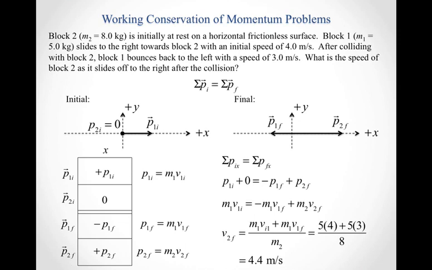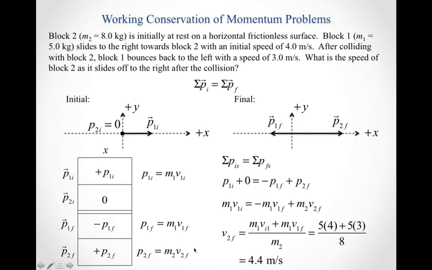You could alternatively choose to work this problem so that you're dealing with the velocities, where you're tucking in the signs. I'm choosing to put the sign out front, and now this is a speed because I've already taken care of the sign and I want a magnitude of that momentum vector.